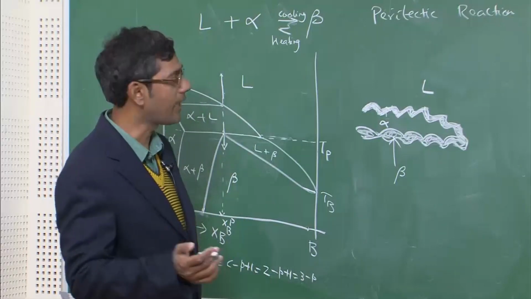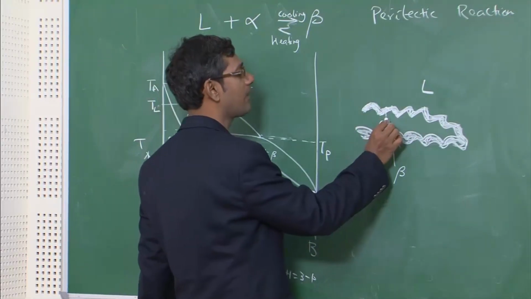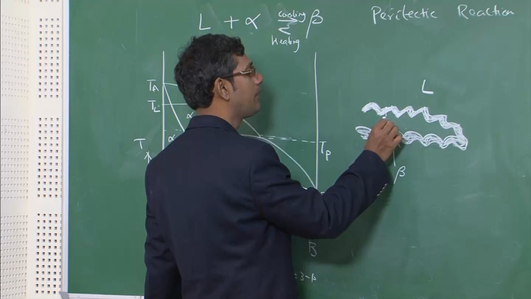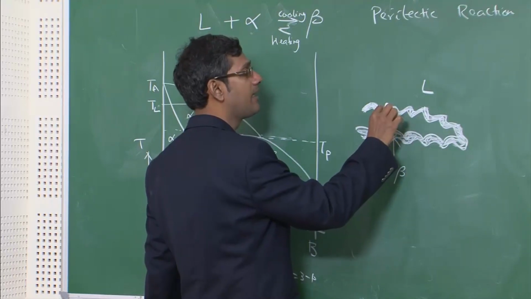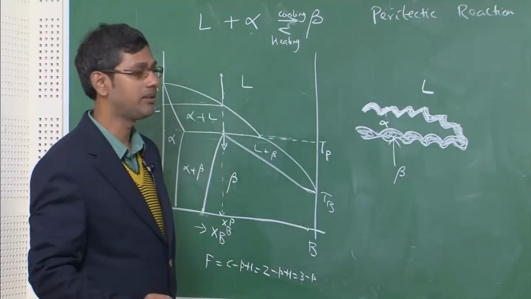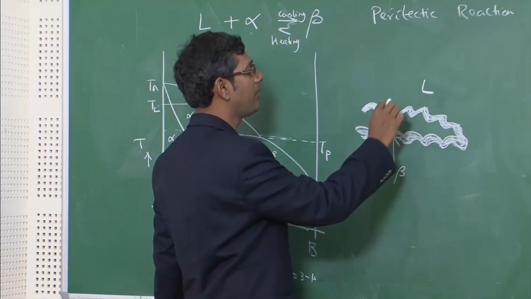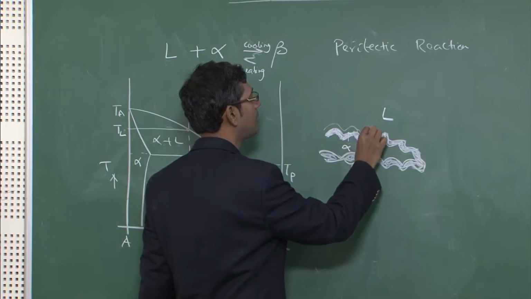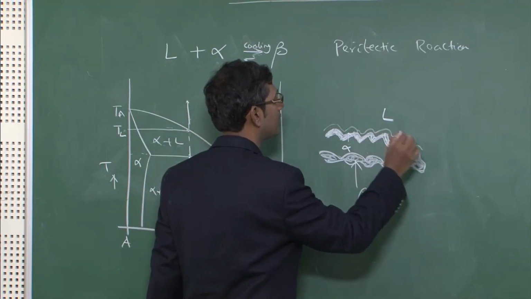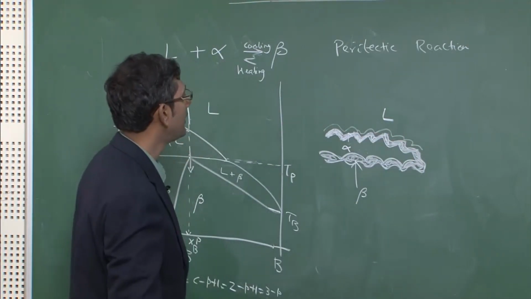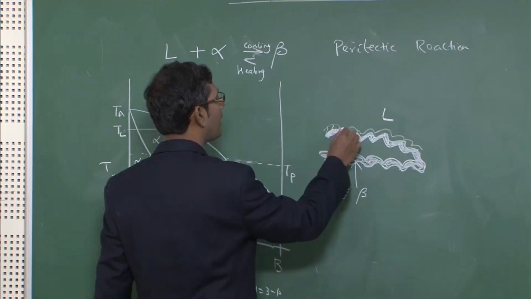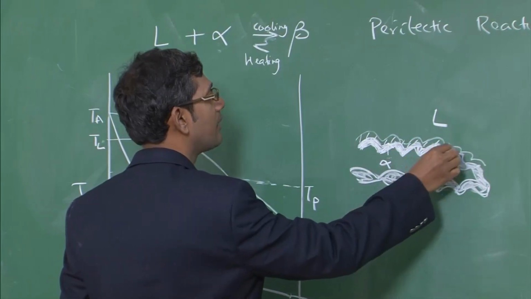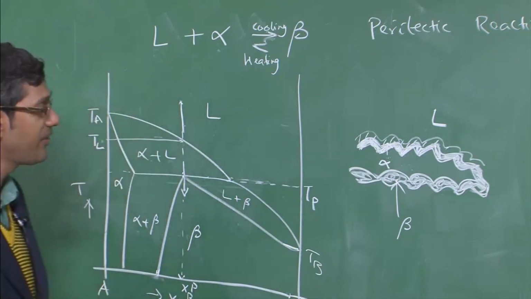When there is no direct contact, the only way it is possible is that atoms in the solid alpha diffuse through the layer of beta, come in contact with the liquid, and when they come in contact with the liquid, they form another layer of beta. Okay, suppose this is the layer of beta that forms. So as it forms another layer of beta, the thickness of the beta will increase.